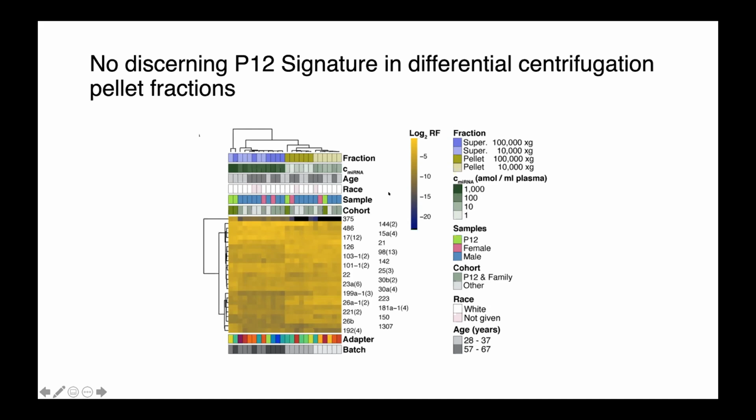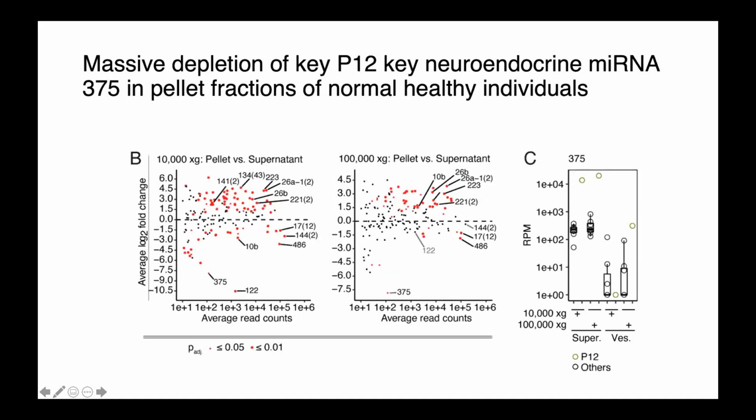Of course, the question arises, what can one expect when using pellet fractions? Is there an enrichment of certain specific microRNAs? There is, however, at a very modest level. We observed that many of the tissue-specific microRNAs are only about 10 to 20-fold enriched in those fractions.